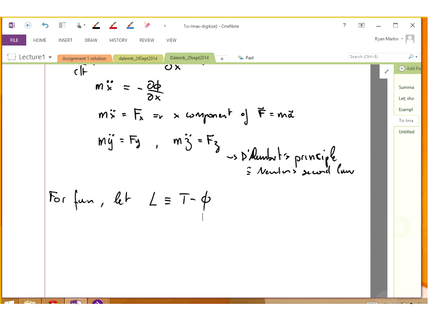And let's ask ourselves, if we define a new function S to be the integral from, let's say, 0 to t of L, and call this the action, what is the condition for the action to be stationary?